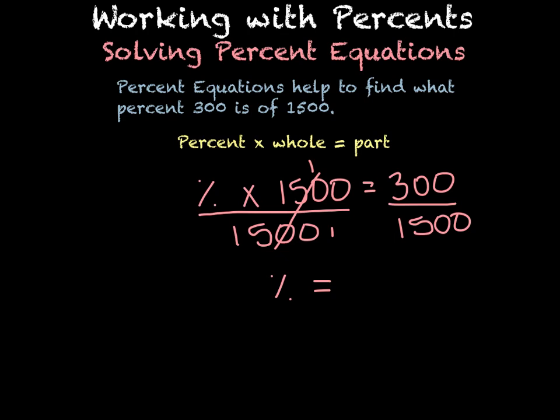Since there's one pair of zeros and then another pair of zeros, it would really be 3 over 15, or 1 over 5, right? And we all know that 1 over 5 is equal to 2/10. In decimal form that would be 0.2.